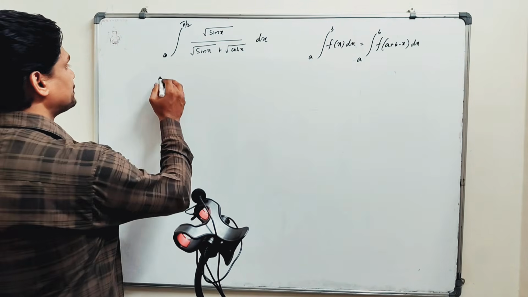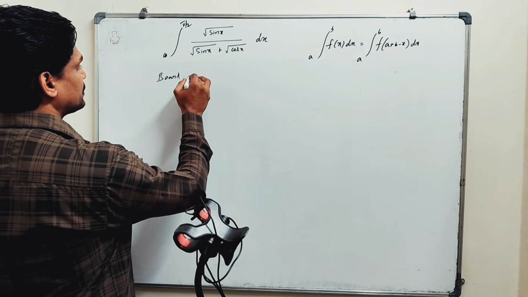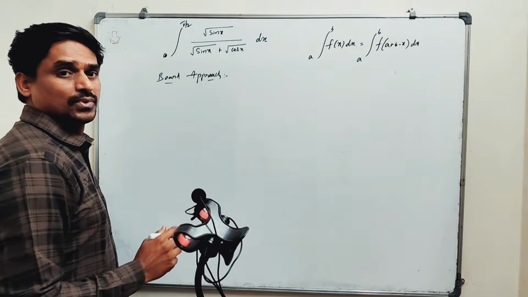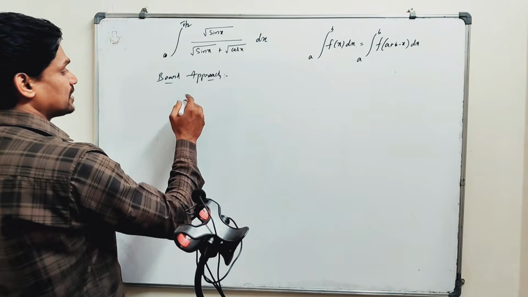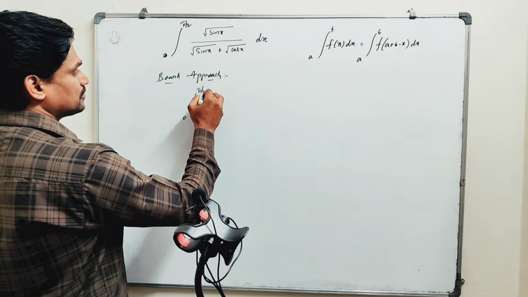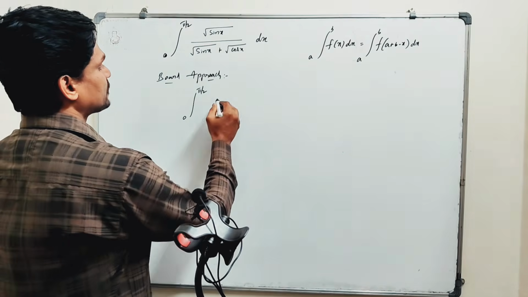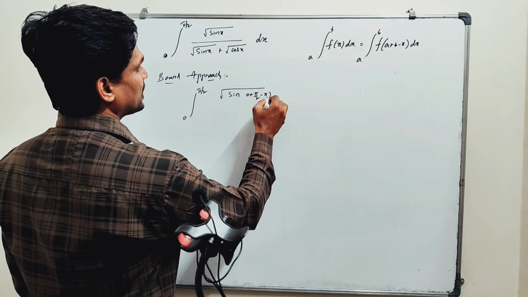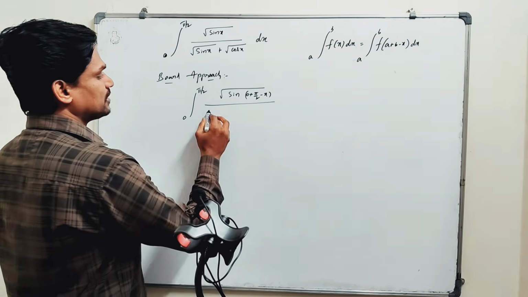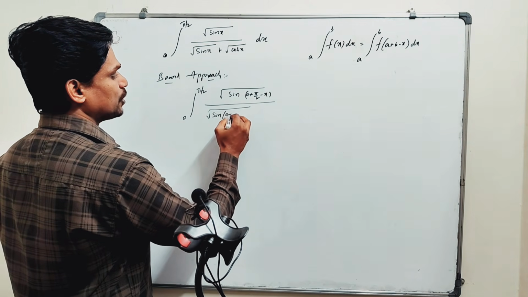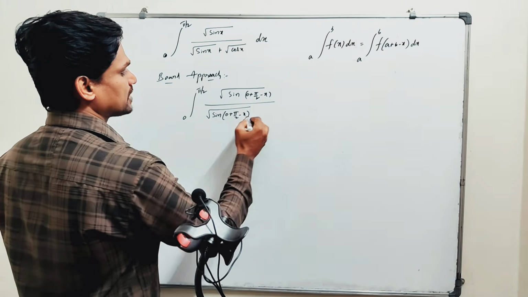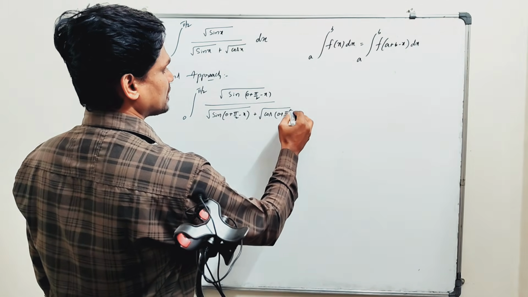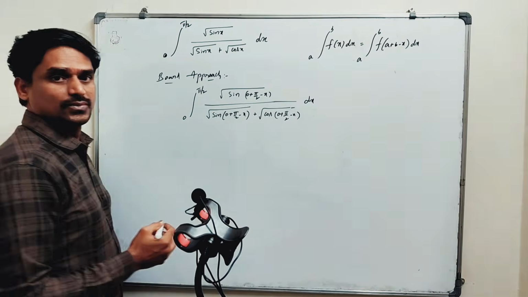So here we apply the property. Integral 0 to pi by 2 square root of sin(0 plus pi by 2 minus x) divided by square root of sin(0 plus pi by 2 minus x) plus square root of cos(0 plus pi by 2 minus x), whole dx.